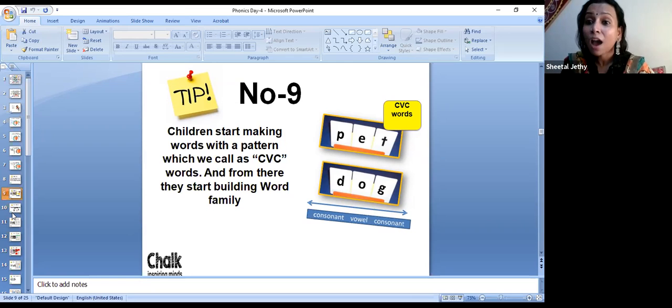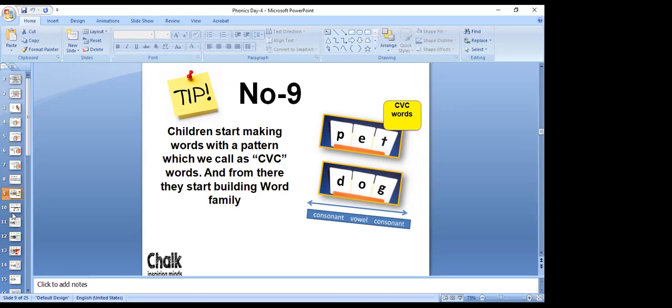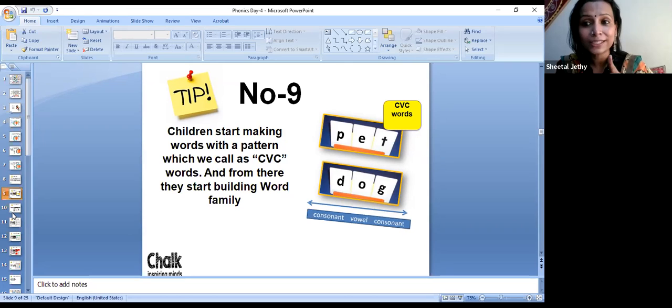Whenever we start with a child for making words from alphabets, we start with CVC words, which is consonant, vowel, and consonant, and then move on to word families with a vowel and consonant. So in AT, A is a vowel, T is a consonant, and then we start building the word family of AT, right?